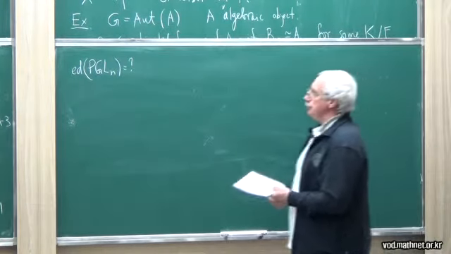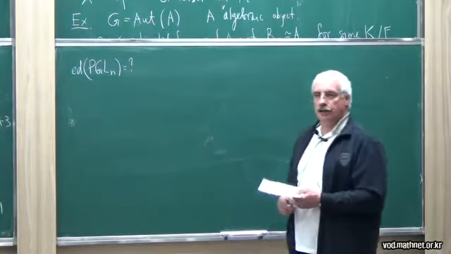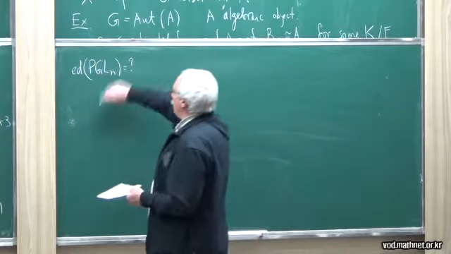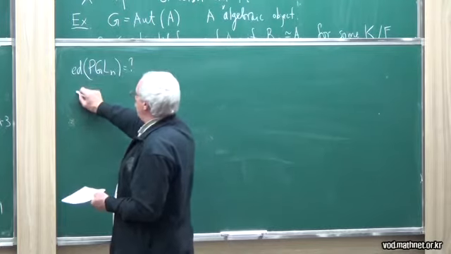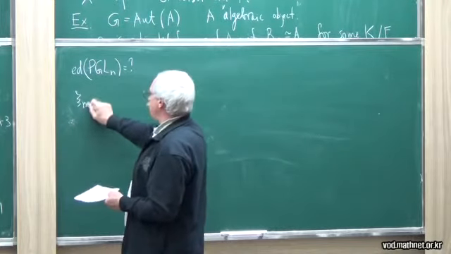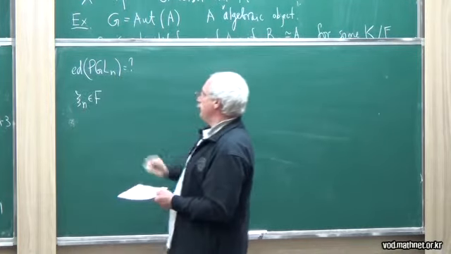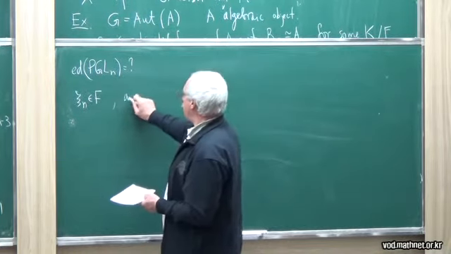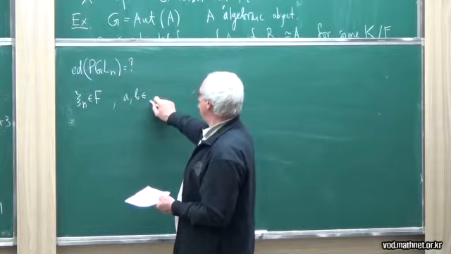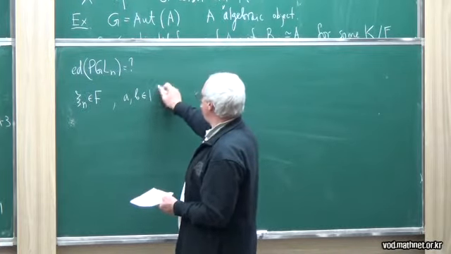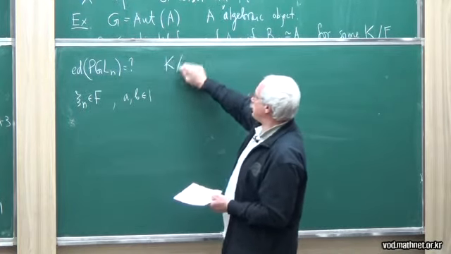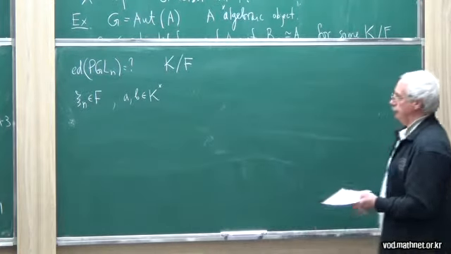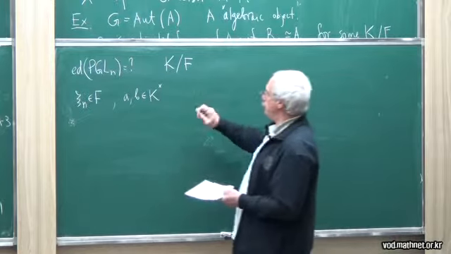And let me give you a very special class of central simple algebras. You assume that a primitive root of unity is in the ground field, and you pick two elements, a and b, in the ground field. Well, if you pick an extension K over F, you take a, b, non-zero elements in that field K. And you construct an algebra.